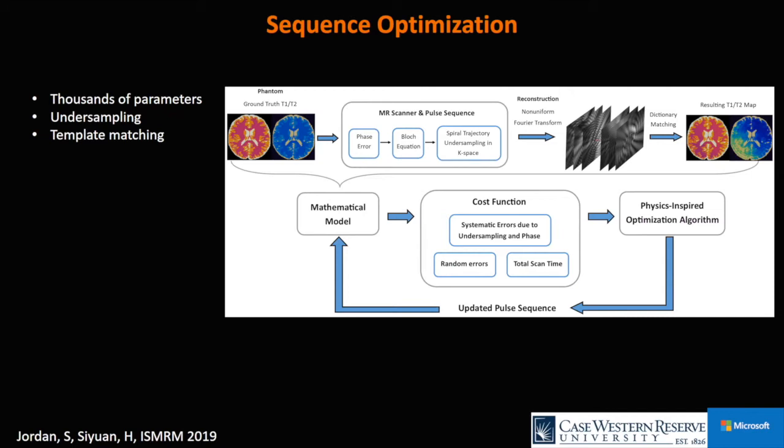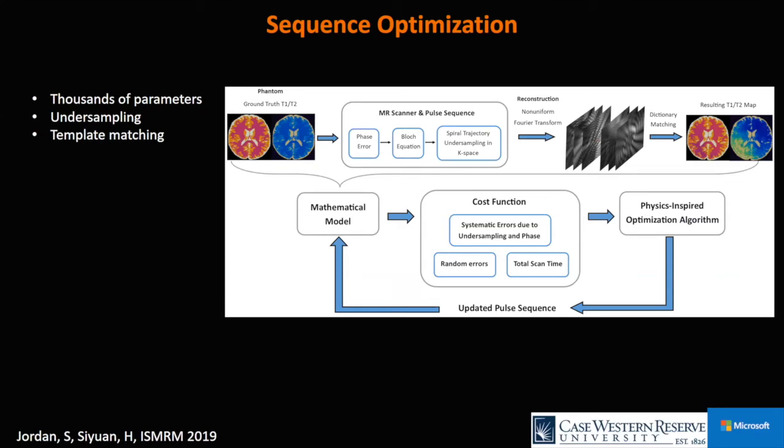And the aliasing artifacts cannot be fully represented by a white Gaussian noise model. And finally, the matching relies on template matching, which is also a nonlinear process. So based on the conventional sequence optimization framework, it is really hard to optimize MR fingerprinting scan.